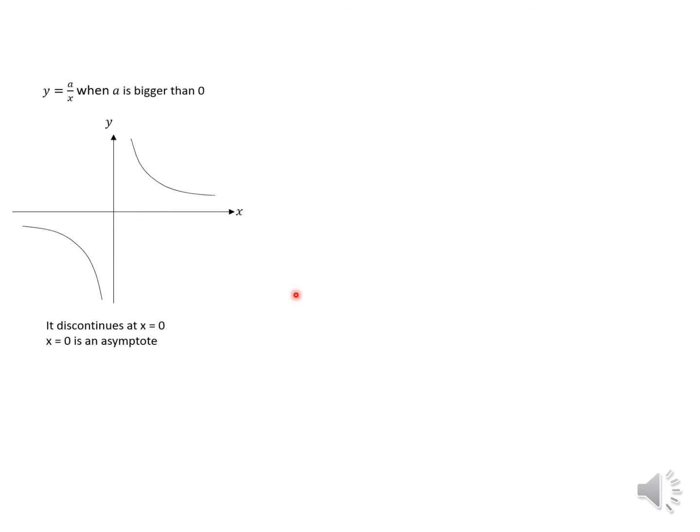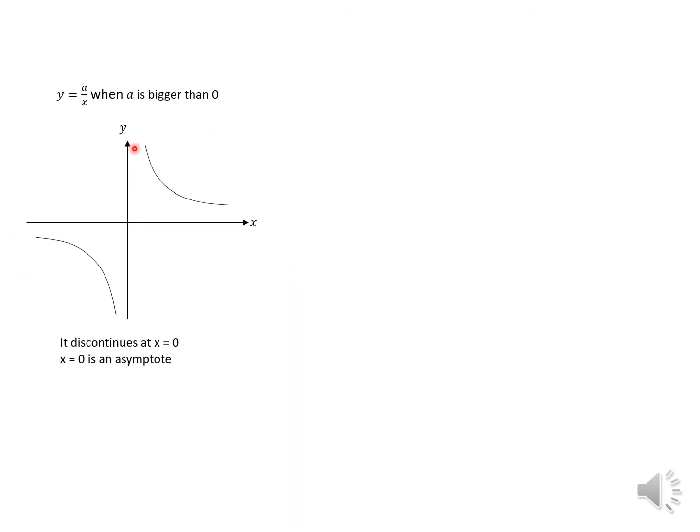Right, I am going to talk briefly about the characteristics you need to know whenever you're dealing with a discontinuous function like y equals a over x, where a is bigger than 0.